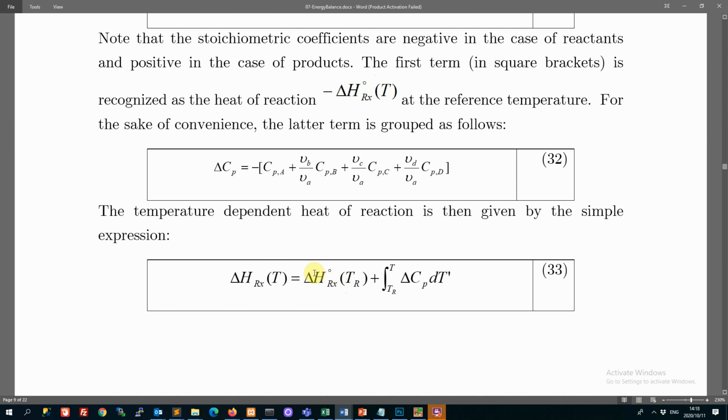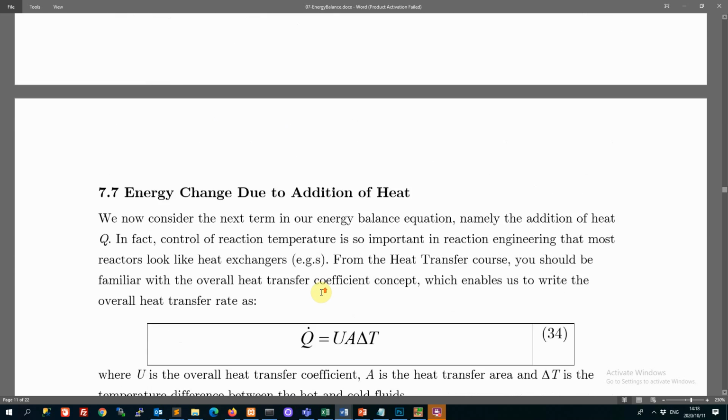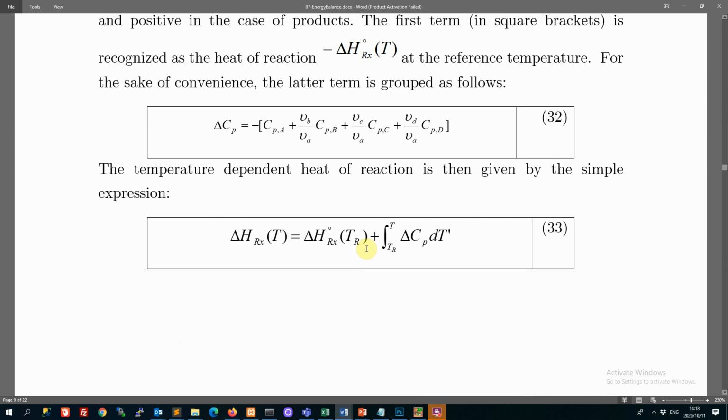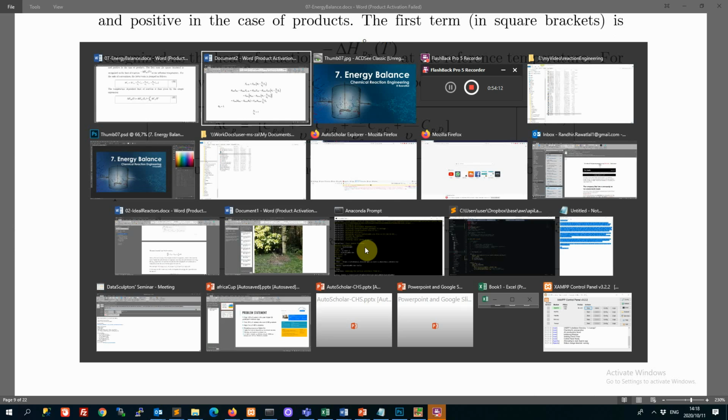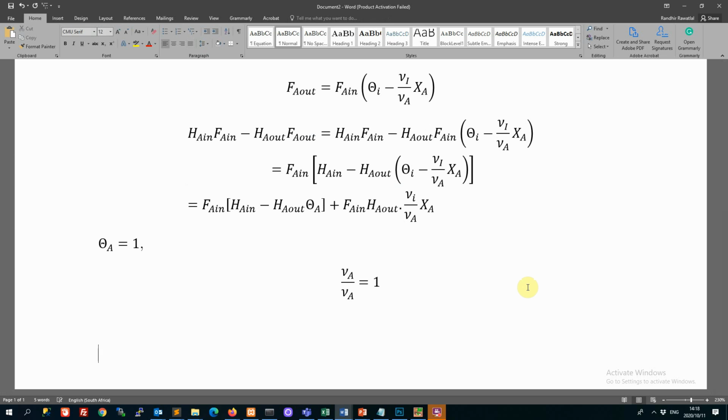So for the heat of reaction, we can take each of the terms weighted by their stoichiometric coefficients. I haven't written that out, but we can say the heat of reaction for all the species.